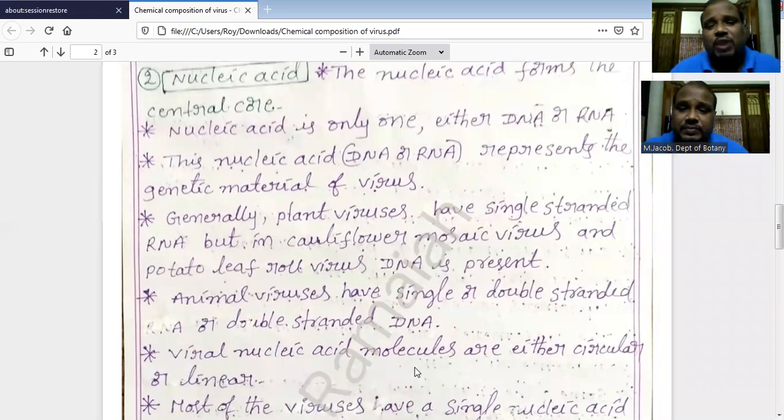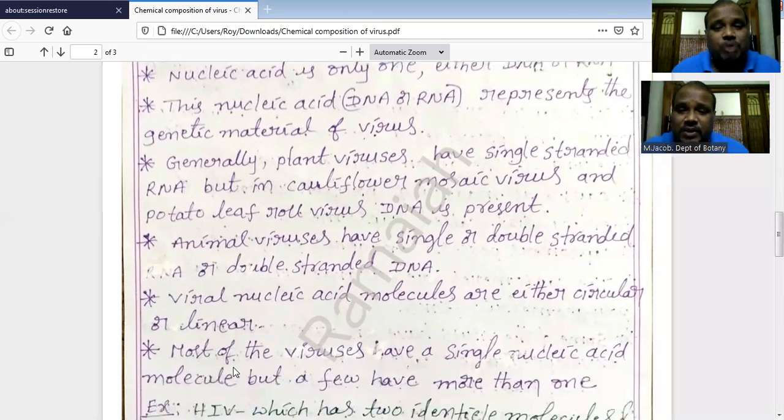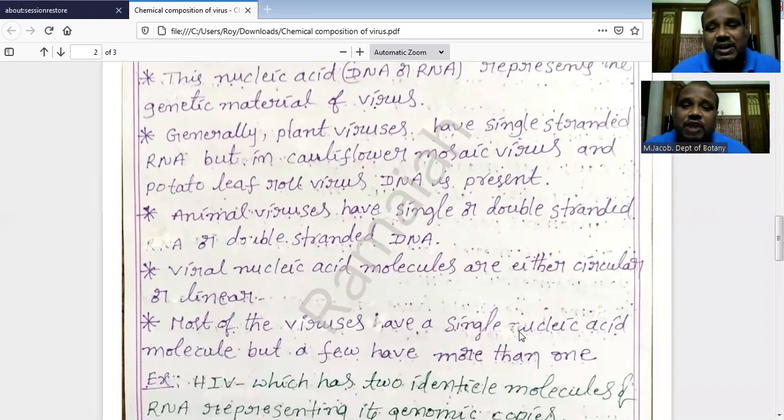Viral nucleic acid molecules are either circular or linear, whereas in bacteria, genetic material is circular. Most viruses have a single nucleic acid molecule, but a few have more than one.